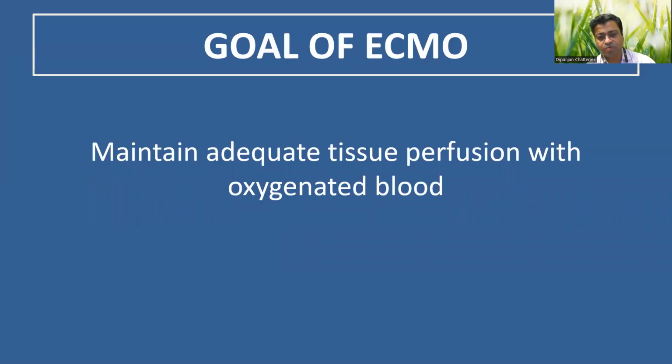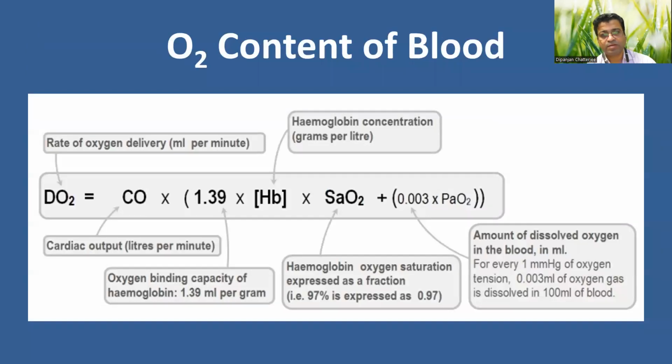What is the goal of ECMO? It is to maintain adequate tissue perfusion with oxygenated blood. So, coming to the oxygen content of blood, this equation we have all been studying since the first year of your medical curriculum.